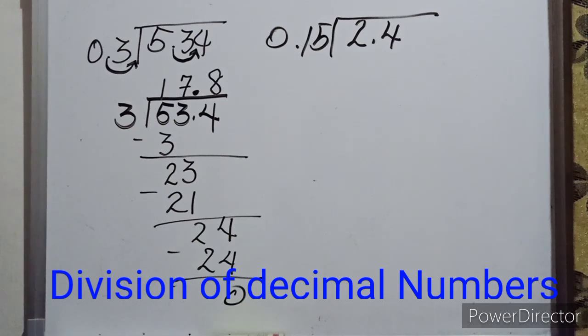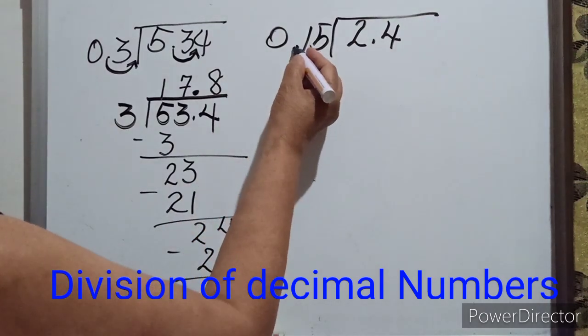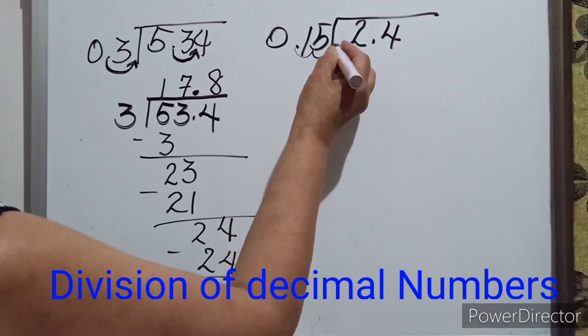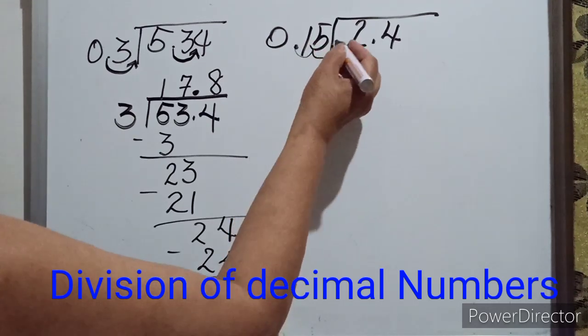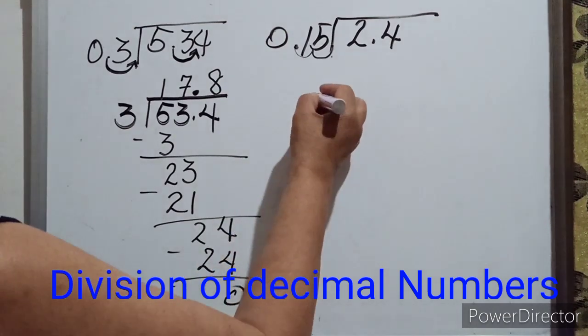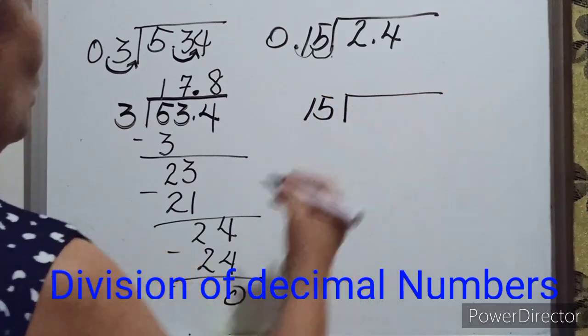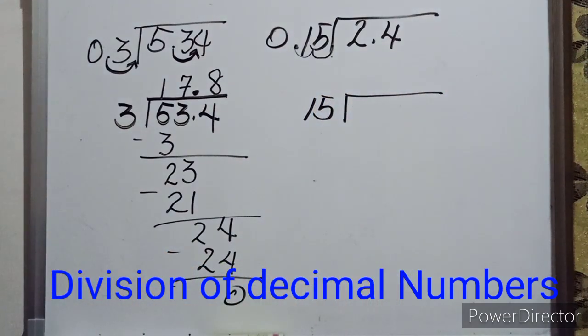We have to move our decimal point as many times as there are decimal places in our divisor. So in here, we need to move it twice because there are 2 decimal places on the divisor, giving us 15. What we do in our divisor, we need to do in our dividend.